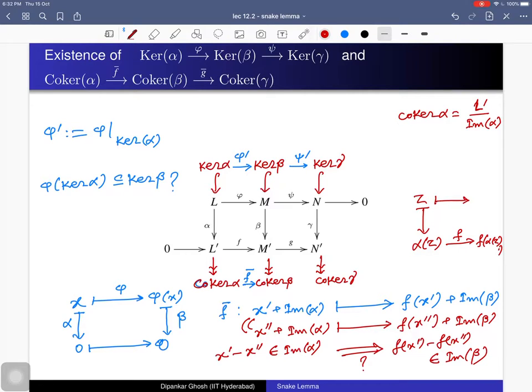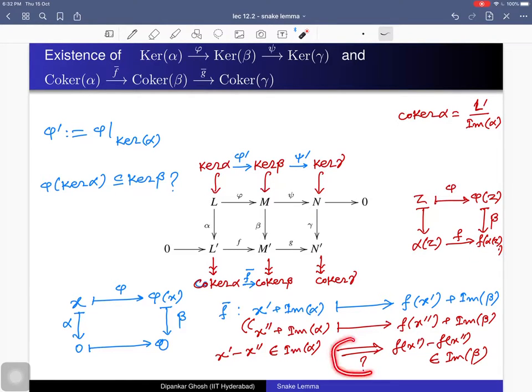So here it is phi of z, and since this diagram is commutative, coming this way you are getting this, so coming this way you should also get this element. So this is just the image of beta. In this way we can prove that if you consider something in the image of alpha and then you apply f on that element, then you should get an element in the image of beta.